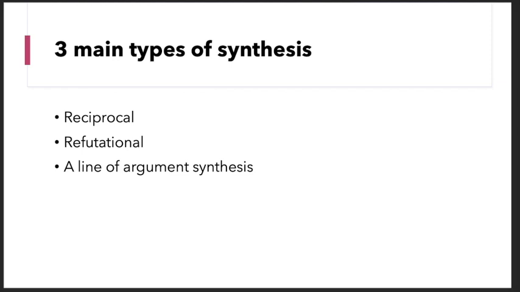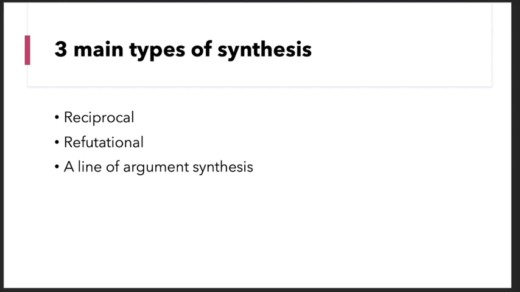Noblit and Hare recommend creating a list of key metaphors, phrases, ideas, or concepts and the relations used in each account and juxtaposing them, in order to make an initial assumption about how the studies relate to one another. This informs the type of synthesis that will then be carried out.